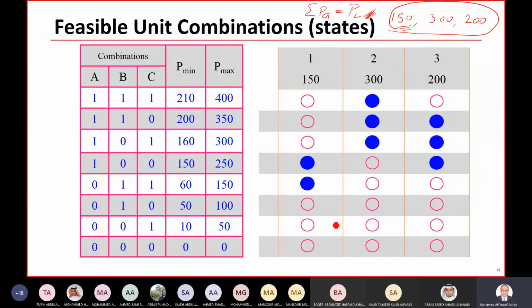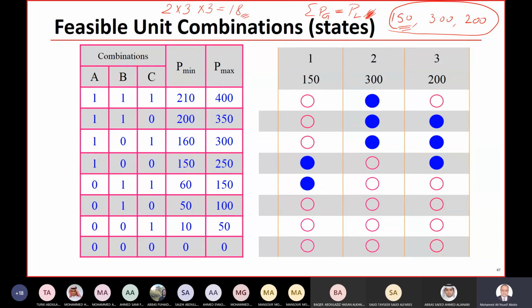So after eliminating these combinations, we end up with 2 times 3 times 3. So this means you have 18 combinations. These are the feasible combinations according to this constraint only. Is it clear? So you can imagine now the percentage of the solutions that are eliminated due to these constraints.